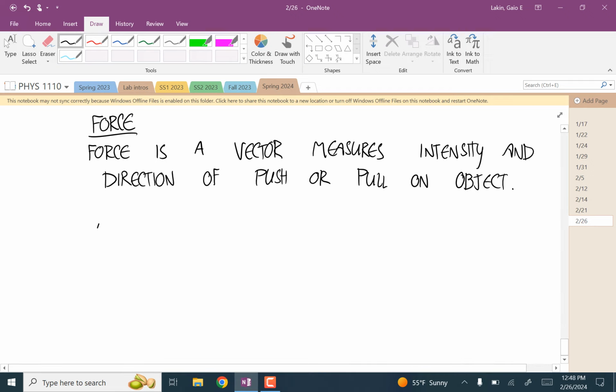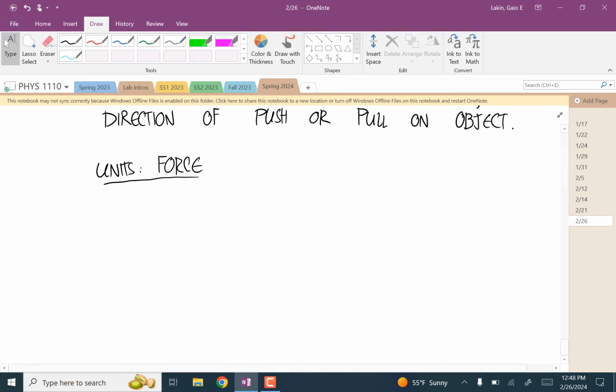The units for force are really complicated looking. It is units of mass times units of length divided by units of time squared.